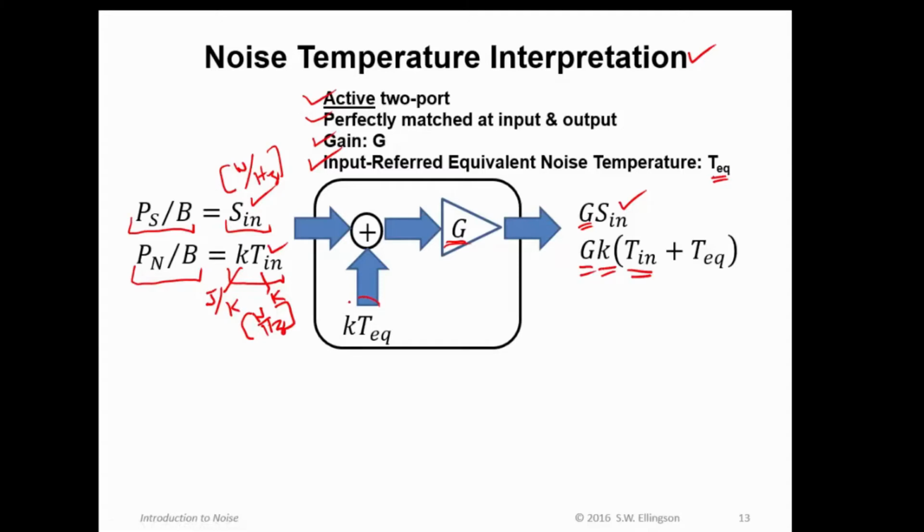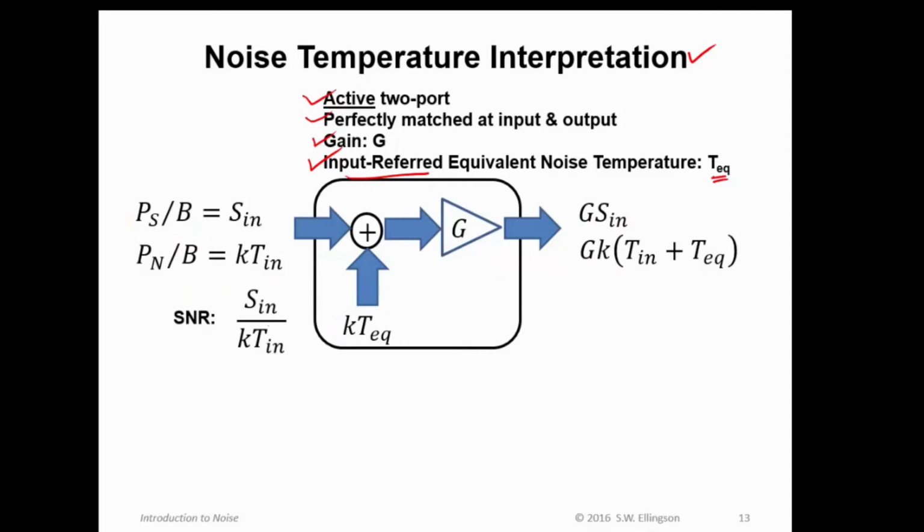But we also have internal noise, and we call this input referred internal noise, so it appears at the input of this ideal amplifier, and that is K times TEQ, again, units of watts per hertz. So in that case, this adds, and it adds TEQ times K times G. So I can factor out those common factors of G and K, and I get this expression. So this is the noise that appears at the output of this two-port.